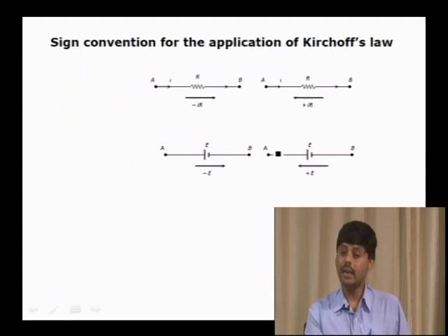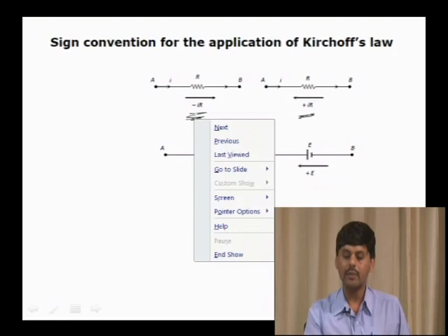Yes, the sign convention for taking the IR product, whether it is plus or minus. If you move from A to B in the direction of the current, we take the IR product as minus IR. Suppose you are moving from B to A, then the IR product is taken as positive, plus IR. Means in the direction of the current, we take minus.